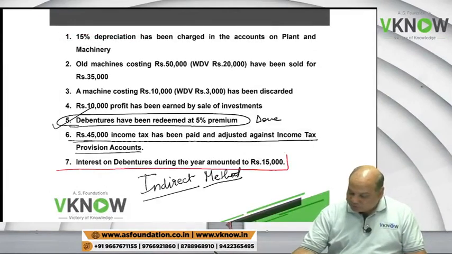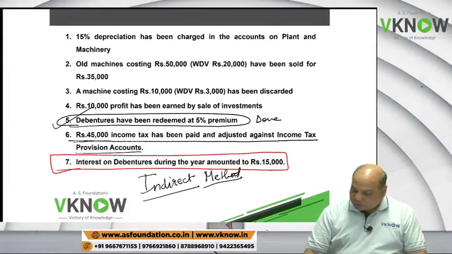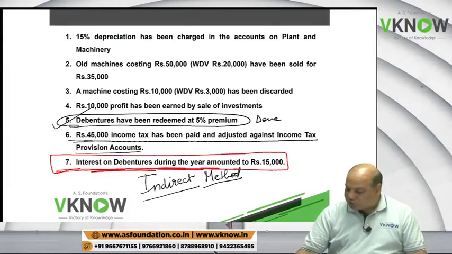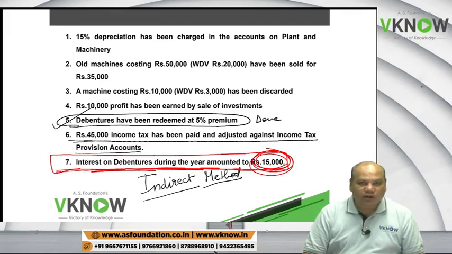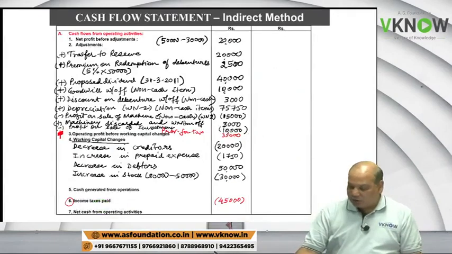Last adjustment, interest on debenture during the year amounted to 15,000. Interest on debenture is charged to P&L account. So it will be added back in adjustment and deducted in financing activity. It's a financing activity item.